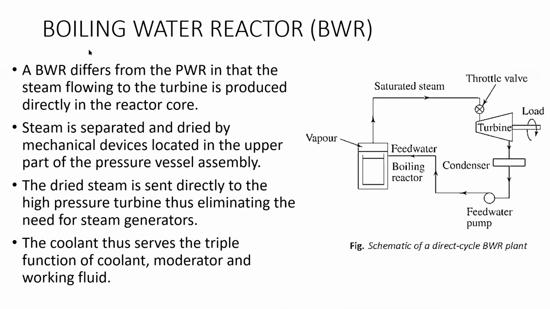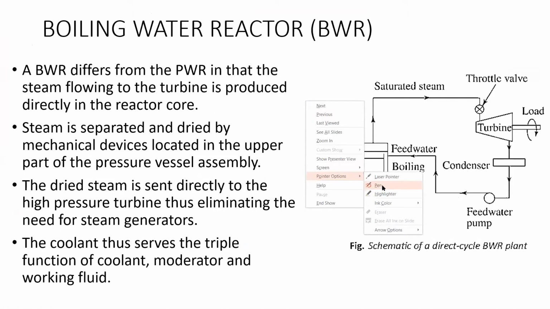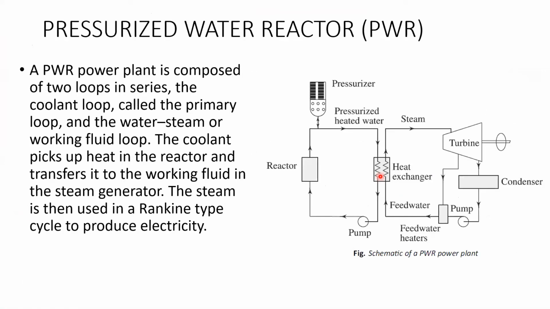The next type is BWR, that is boiling water reactor. The difference between BWR and PWR is that in case of PWR, there are two loops. You can observe here, the water coming out of the reactor is not given directly to the turbine.